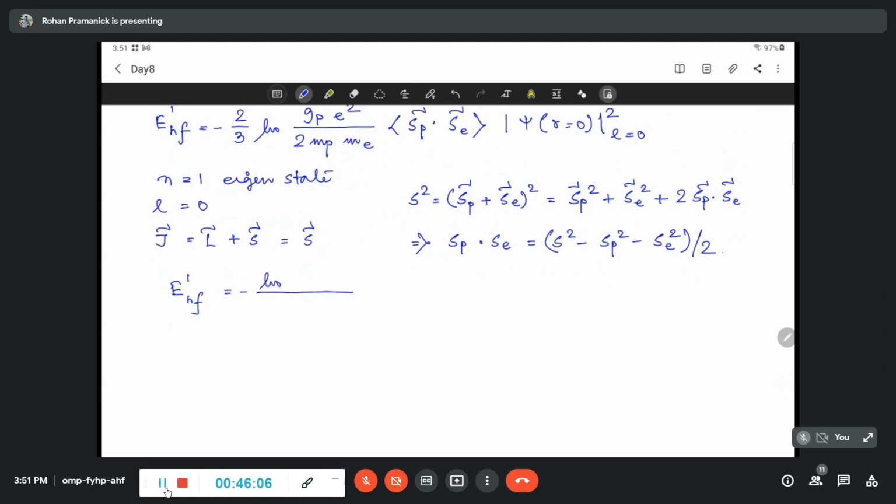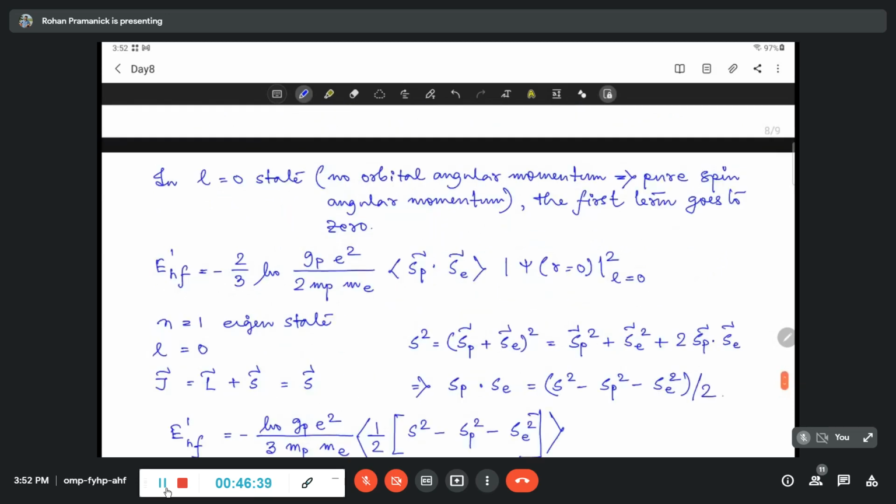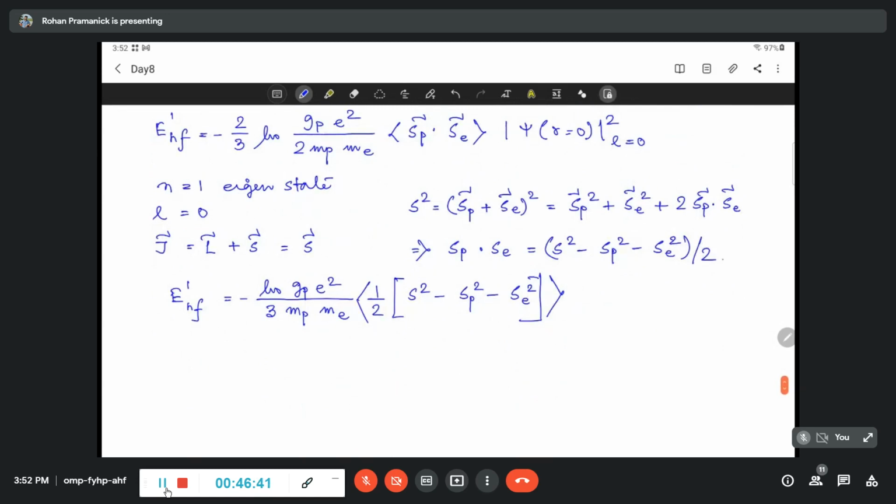This is mu naught g_p e squared over 3 m_p m_e, times half, times S squared minus S_p squared minus S_e squared, this thing. There is an average, and there is the psi at r equals 0 and L equals 0.